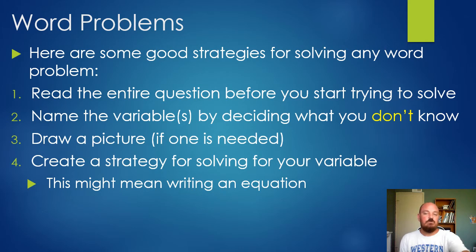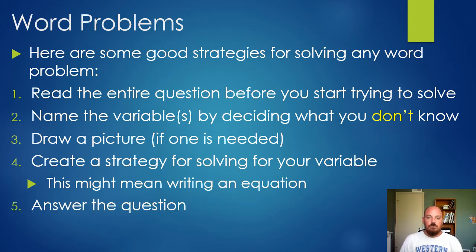Once you've done those four things, you're ready to solve. You take your strategy, you do it, you solve for the variable from number two, and that's the answer to your question. What you don't want to do is read half the question and just jump in and start doing things, like, I'm going to multiply this number. Make a strategy first, follow that strategy, solve for your variable.